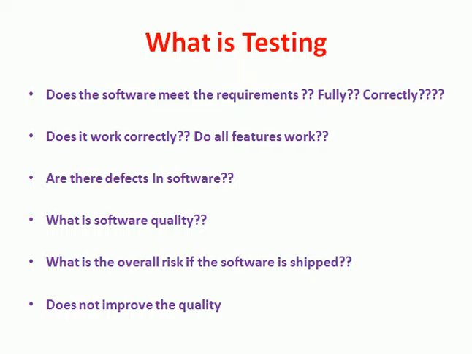So the purpose is to find out all the possible problems in the software, and then to correct those problems and then give the software to the users. So testing is a very popular area of work, and it provides very good value to the business in terms of the quality of the software. So that is why testing is very important.